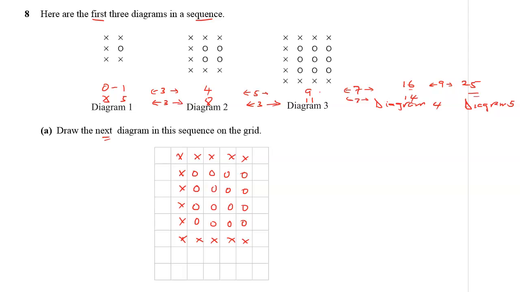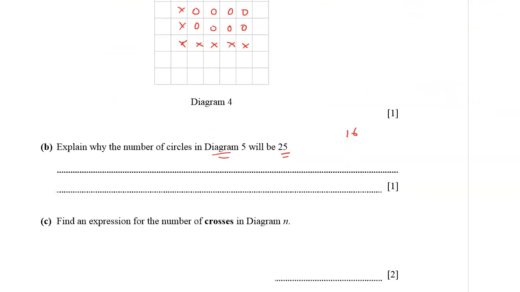So in that case, we can say, explain why the number of circles in diagram 5 will be 25. Or we can even put it this way.